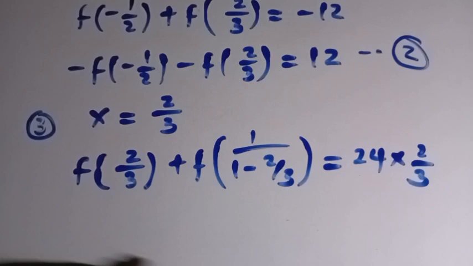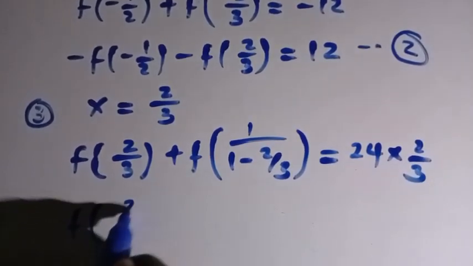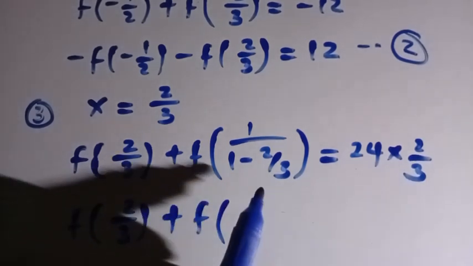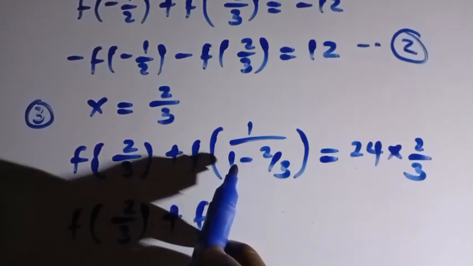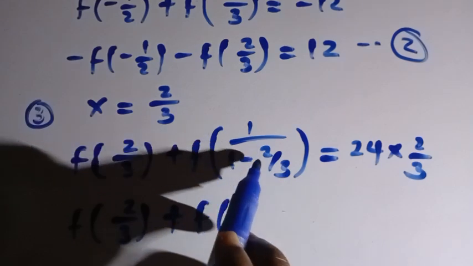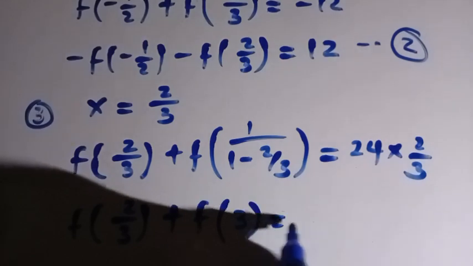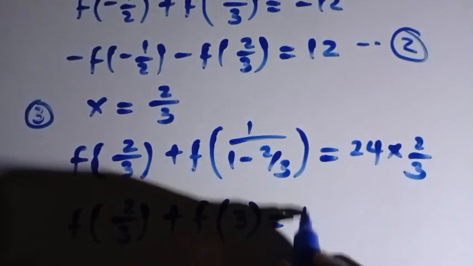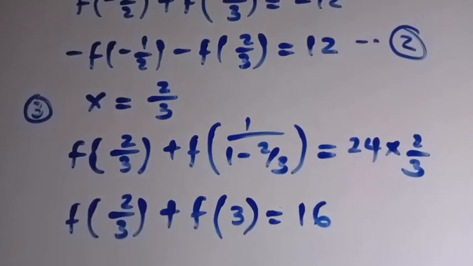Then we have f of 2 over 3 plus f of, if we find the LCM here, 3 times 1 is 3, then 3 minus 2, we have 1 over 3. Then 1 divided by 1 over 3 gives us f of 3. So we have f of 3 equals, 3 into 24 gives us 8, and 8 times 2 is 16. So we have another new equation here. Call this one equation 3.